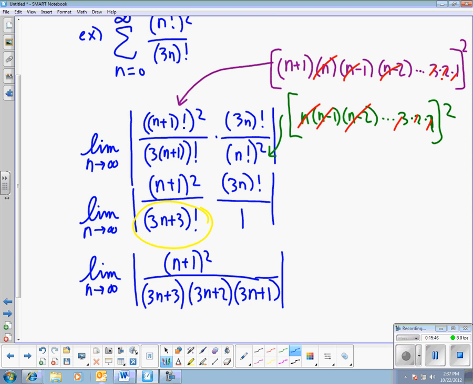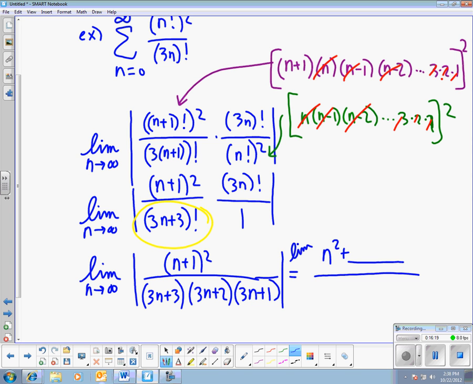So if this is what's left, think about just your degree of the top. The top is n squared plus whatever. And that's not a difficult one because I could FOIL that and get n squared plus 2n plus 1. But my point is you don't really care about anything but the n squared. And on the bottom, if you were to multiply all of this together, FOIL the first two, and then take that result, multiply by the third term, you would end up with a leading term of n cubed.